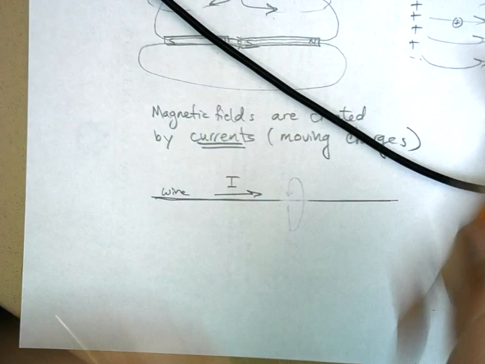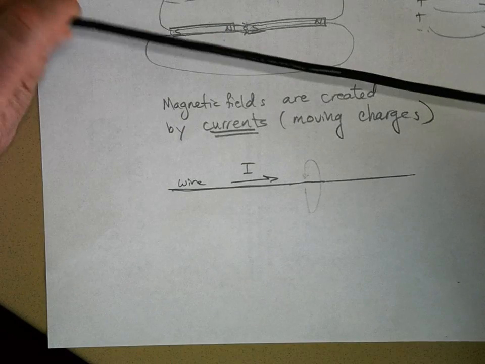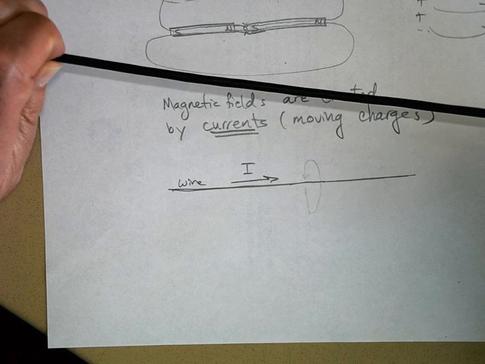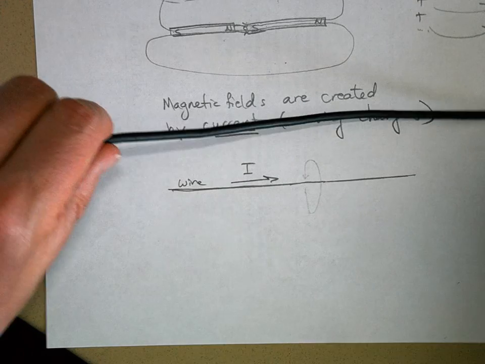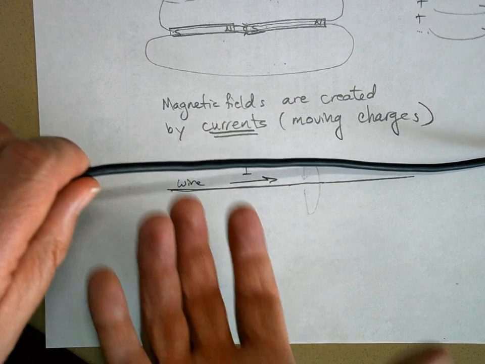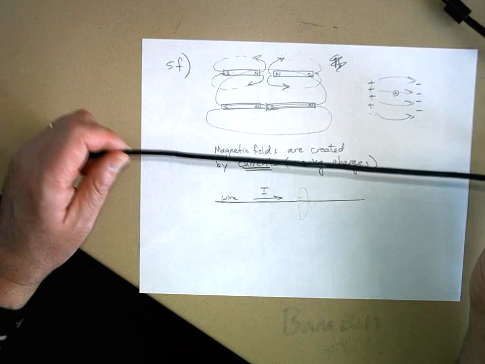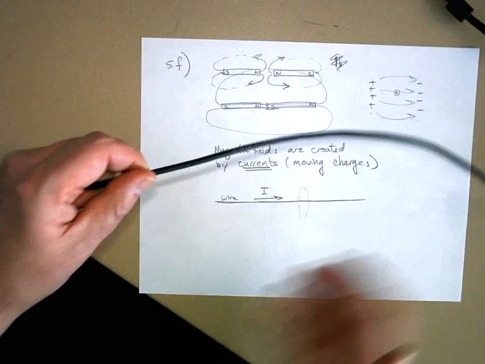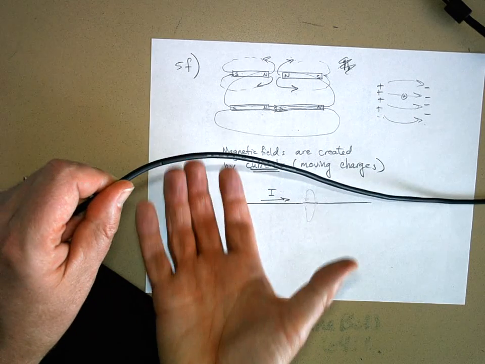So, there is a way where you can tell what direction the magnetic field line is going to be. It's called the right-hand rule for wires. Grab the wire, take your right hand. Here's my wire. Take your right hand and grab the wire with your right hand, not your left. You get the wrong direction. And look how my fingers curl.